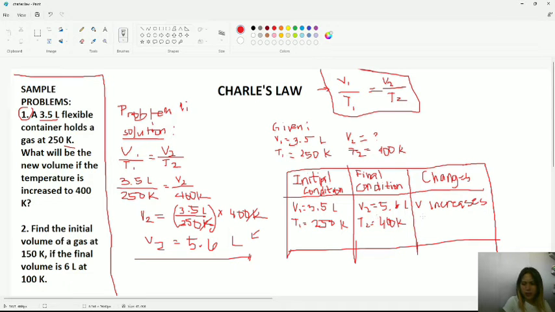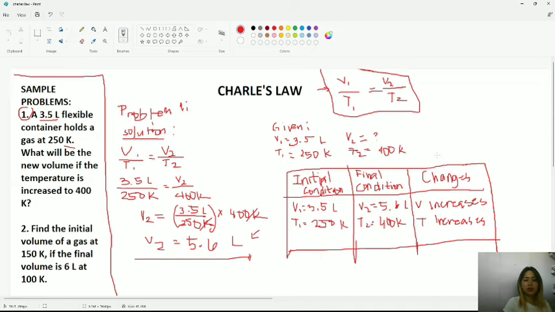And for the temperature, of course, it increased because it went from 250 to 400 Kelvin. So, volume increases and temperature increases.